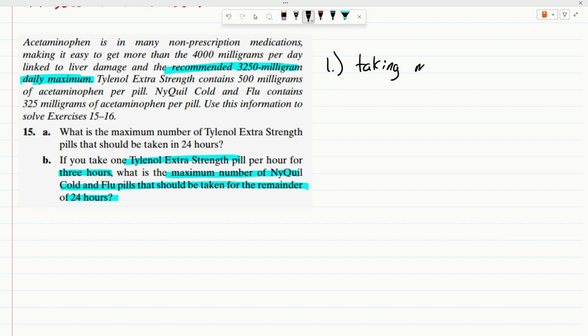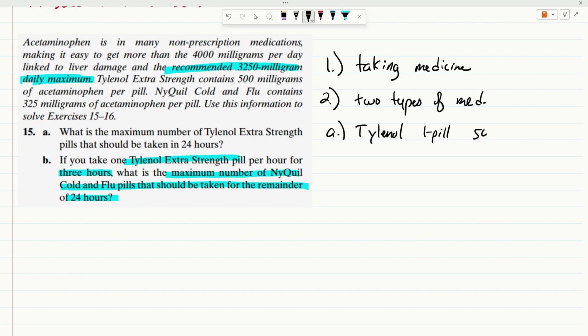We're taking medicine. 2, let's devise a plan now. Here's the problem. We're taking 2 types of medicine. The first type is our Tylenol, and 1 pill has 500 milligrams.